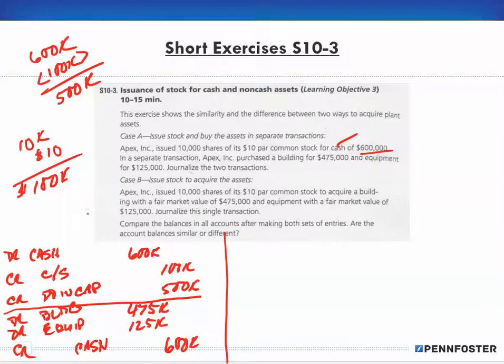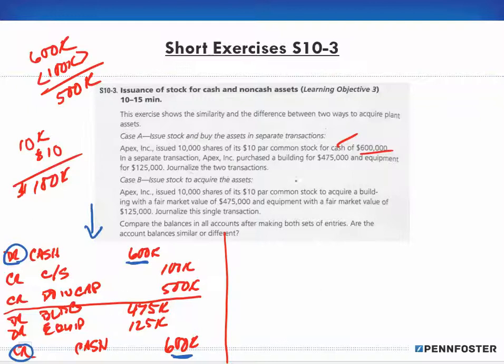If we look at these two transactions, we have a debit to cash for 600,000, and a credit to cash for 600,000. If we combine the two entries, we end up with a debit to building, a debit to equipment, and then a credit to common stock and a credit to paid in capital.